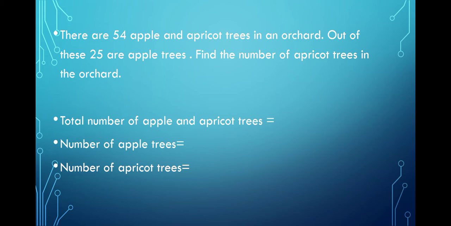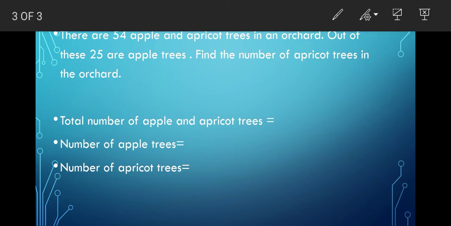So now let us first write down the total number of apple and apricot trees. How many were there? 54, right? The number of apple trees were how many? 25. Okay, children, the number of apricot trees you have to find out. So how are we going to find out?